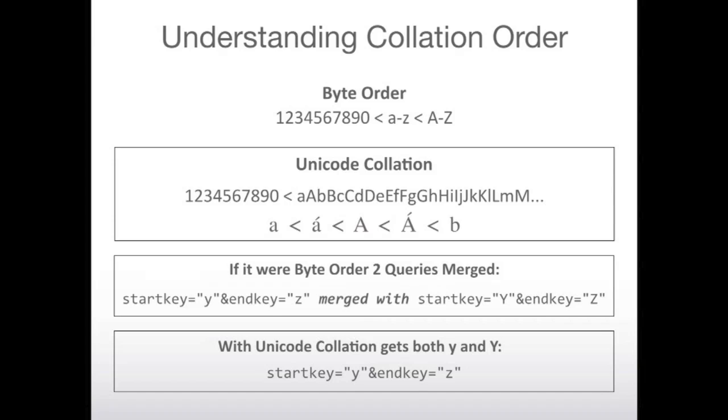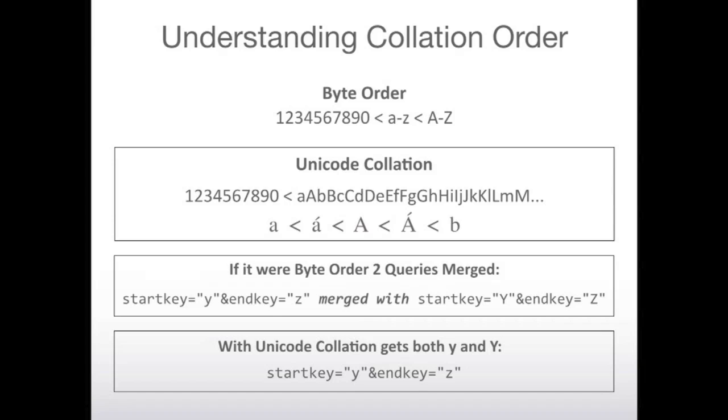That means numbers are less than lowercase a to z, which is less than capital A to Z, which is less than character variants, like with accents, etc. What's inconvenient about that is that it's hard to include both lowercase and capital letters in the same query. You actually have to merge them together.